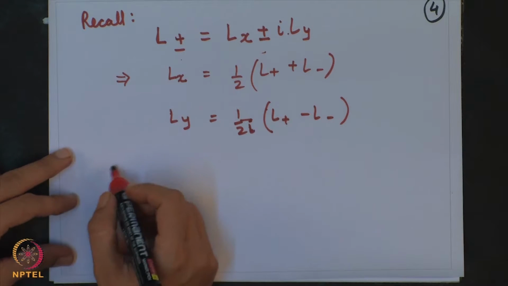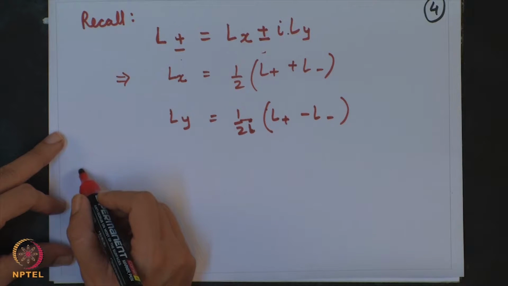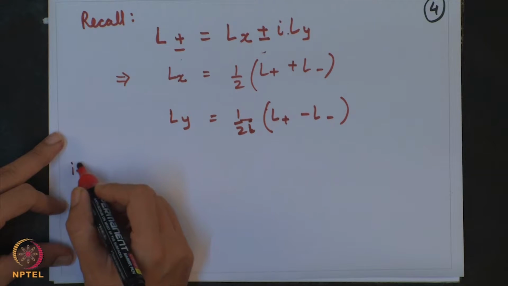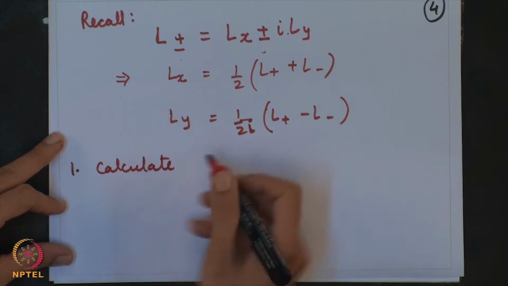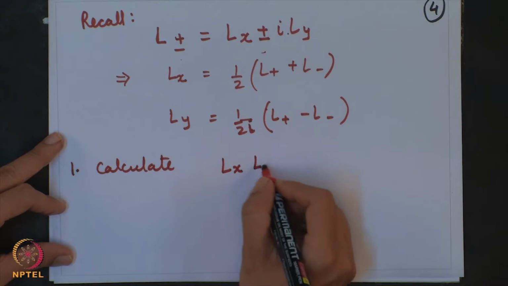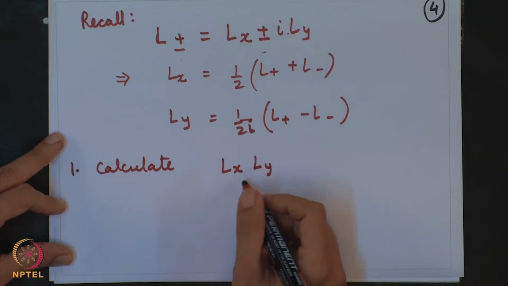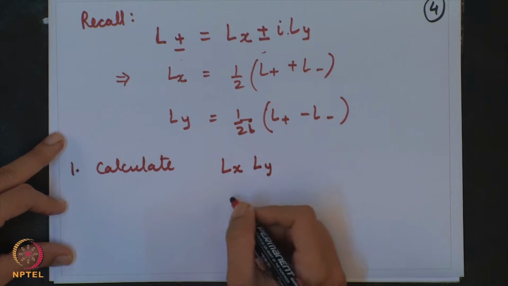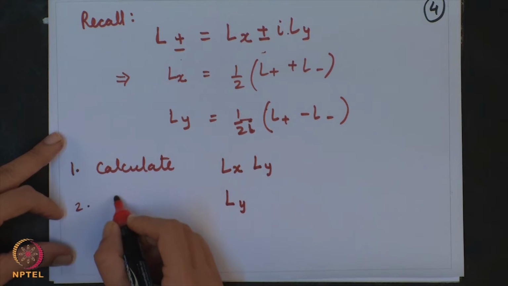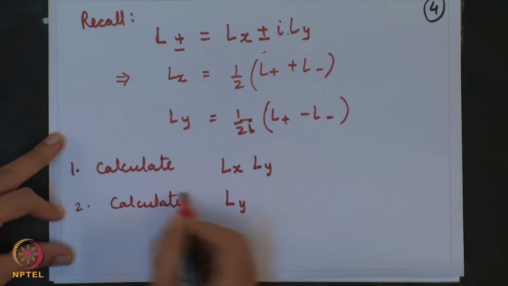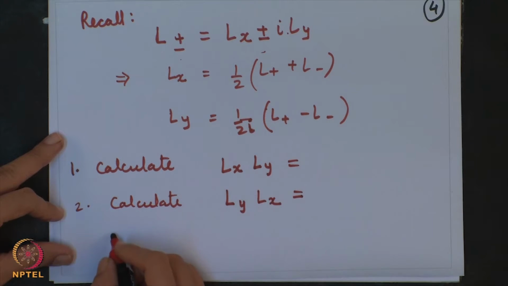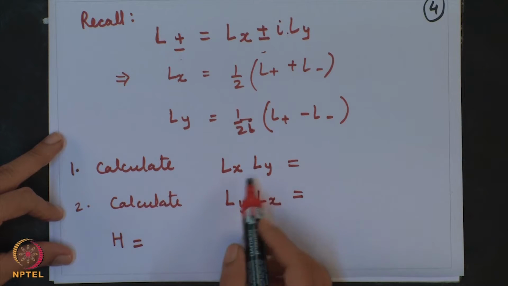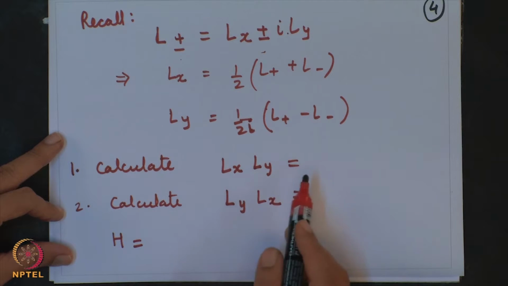So, the steps would be, step 1 would be calculate Lx Ly. In the Hamiltonian, what are the terms you have? Lx Ly, Ly Lx. So, second is calculate Ly Lx. You have to obtain these two and then you rewrite the Hamiltonian in terms of the ladder operators.